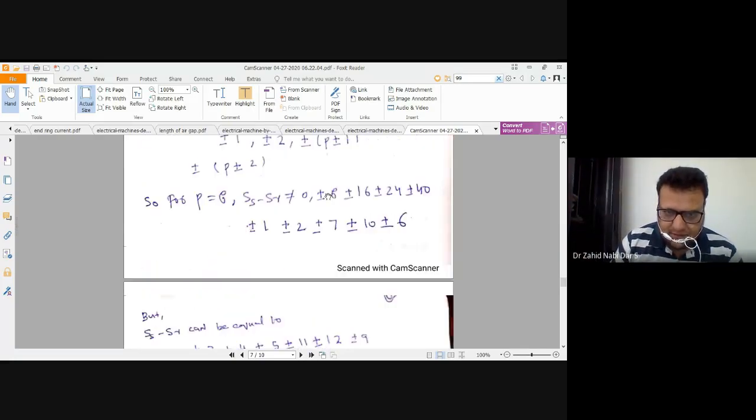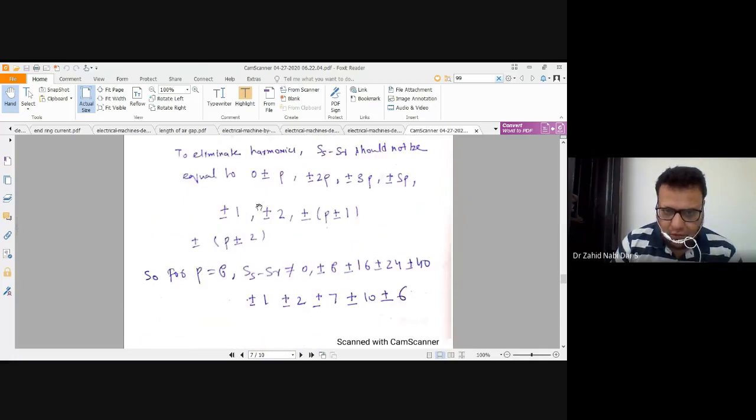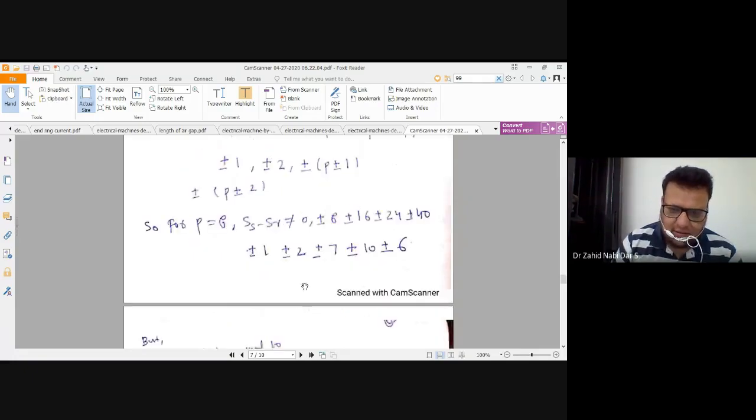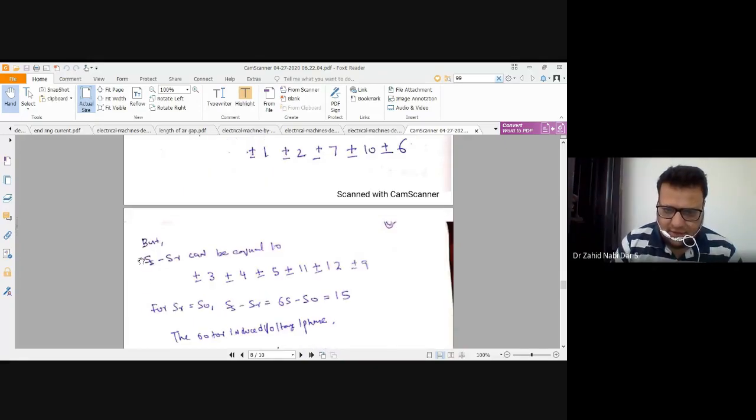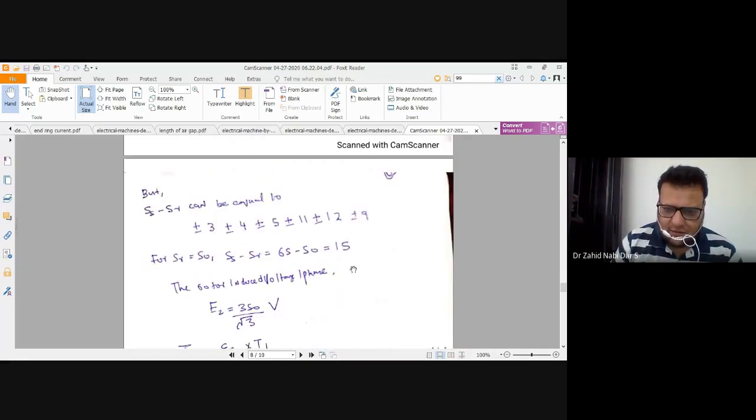But the main point is that the SS minus SR ratio should not fall. If the difference is coming 8 or 16 and you have taken that type of design, it means the design is wrong. Somebody can write 60 also, so when I write 60, I am getting 5.